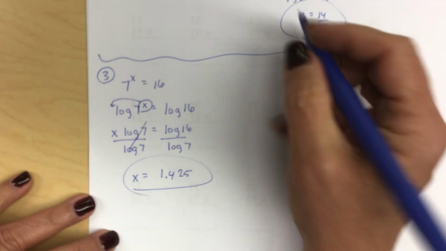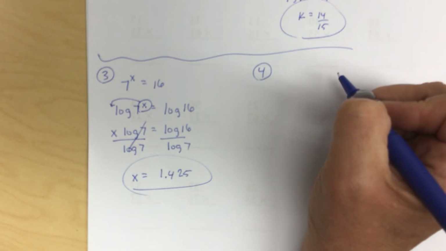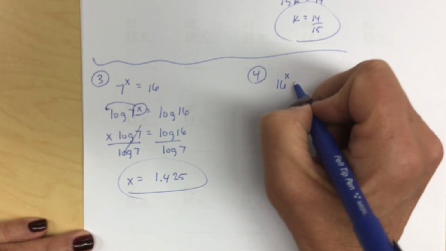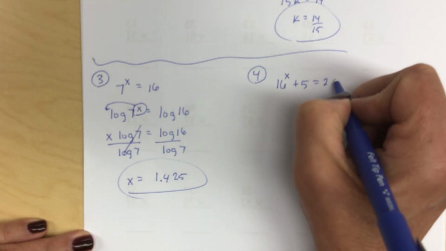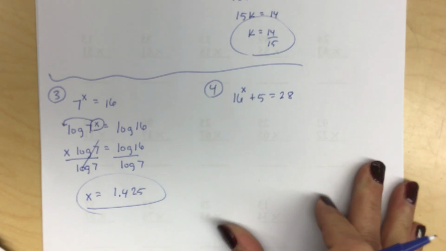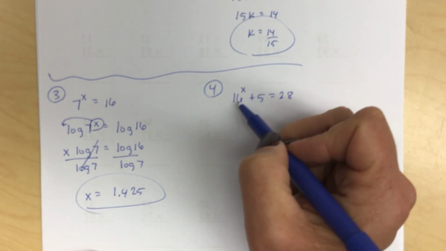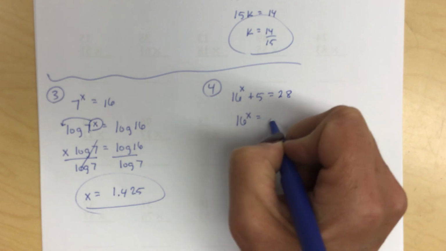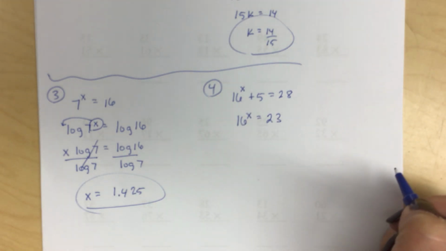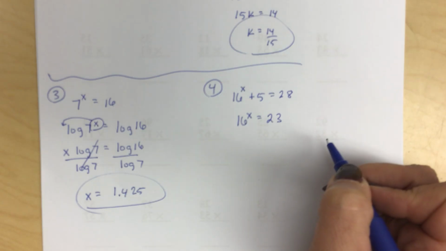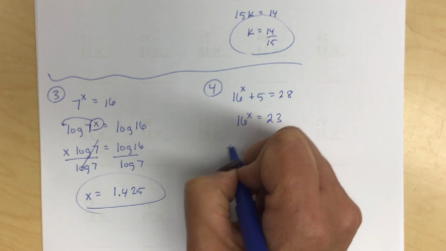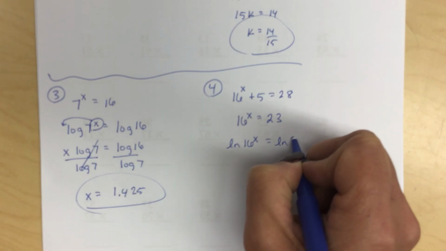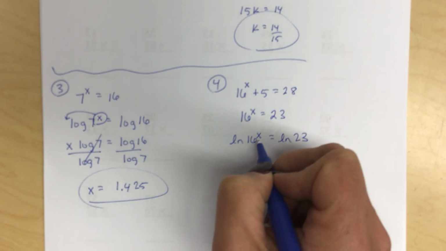Okay, so you could have something like 16 to the x power plus 5 equals 28. On this, you want to get the thing with the exponent alone, so we're going to subtract 5. So 16 to the x is 23. This time I'm going to ln it just to show you that it works the same way. So this is ln of 16 to the x equals the ln of 23.